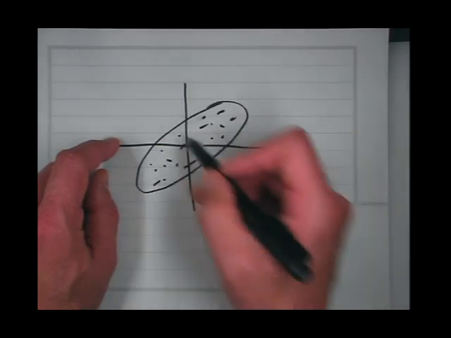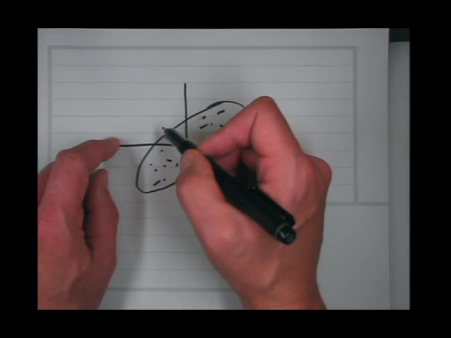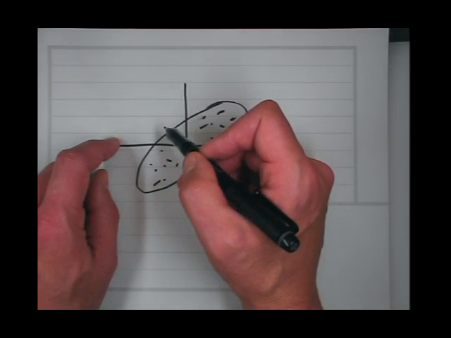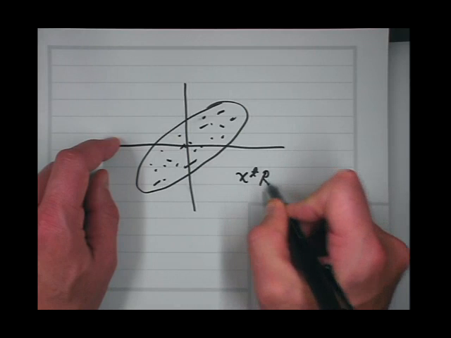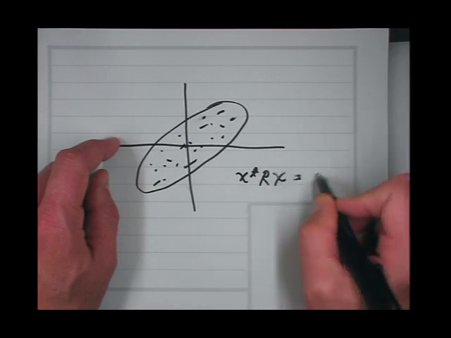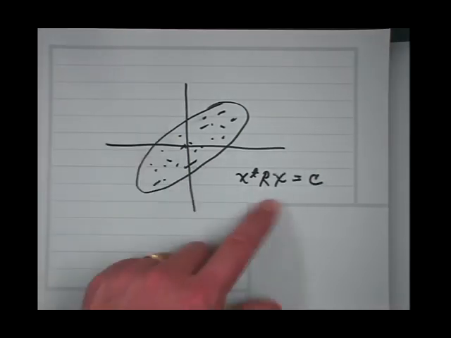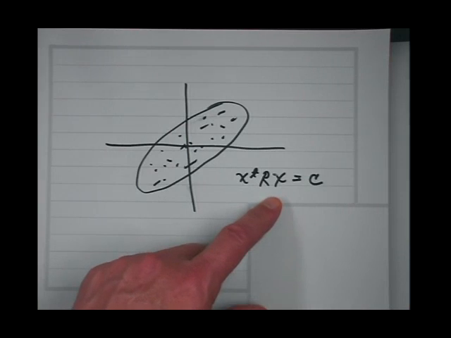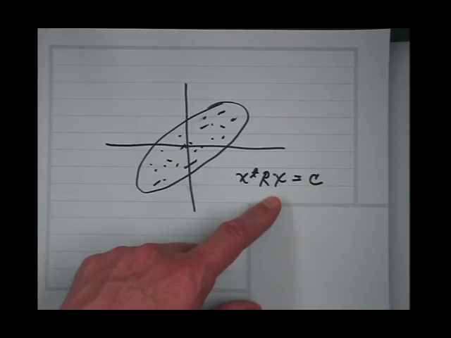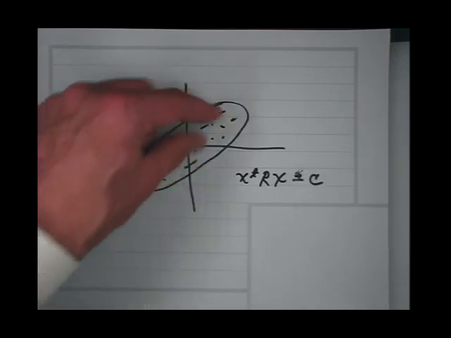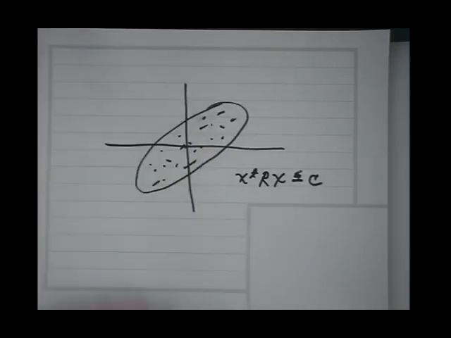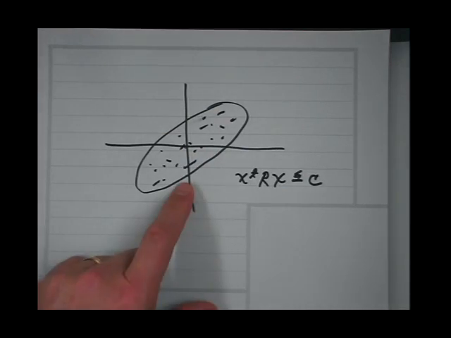The contours of constant probability of this distribution have the form x transpose R x equals a constant. That is the generic form of the equation of an ellipse.